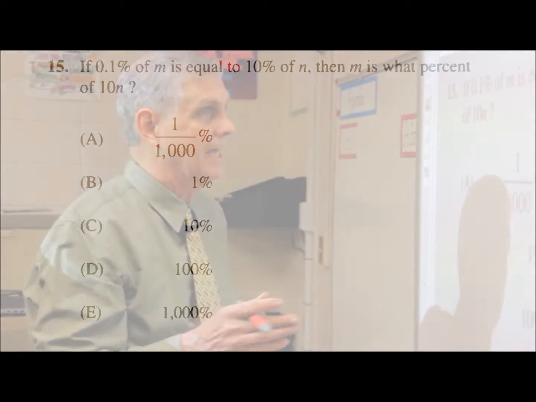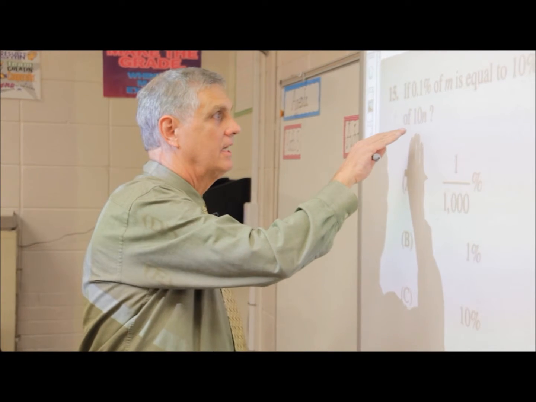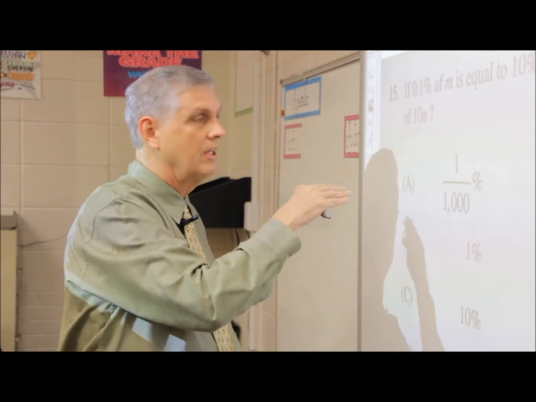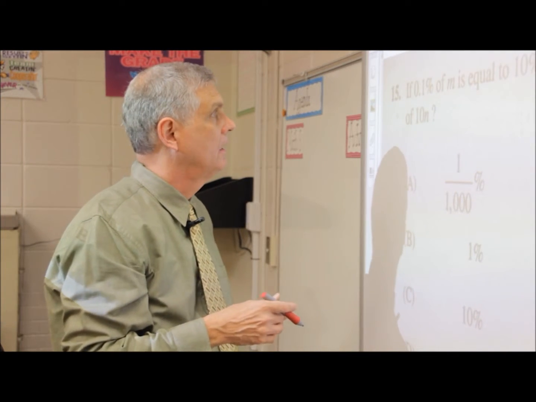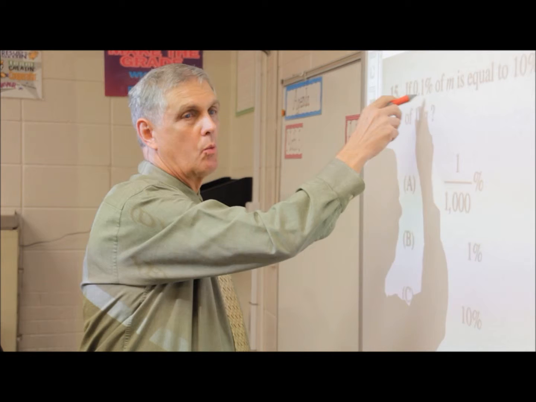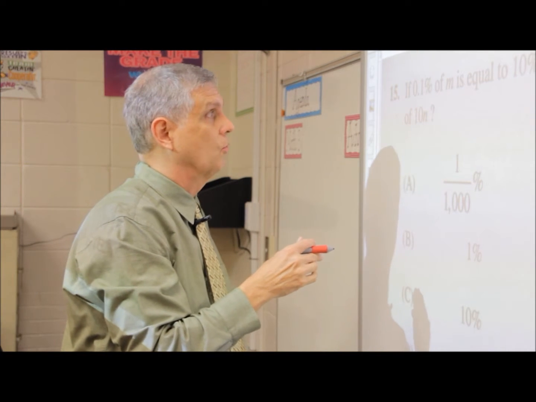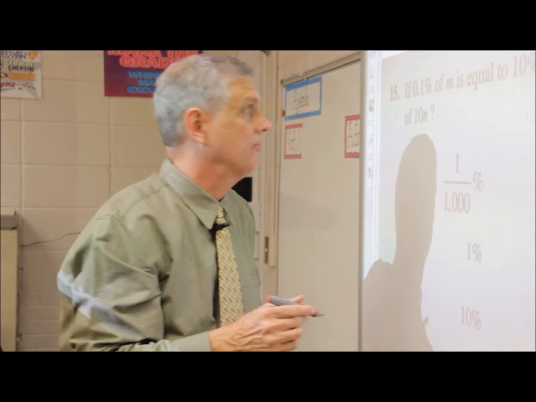Okay, now just looking at this, one of the ways we want to find it is get it down to either 10N or find out what N is and multiply by 10. That's my strategy. I'm going to deal with fractions rather than percentages because it'll make it a little easier for us.